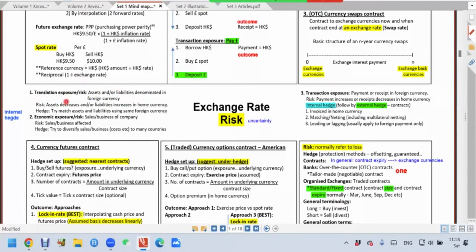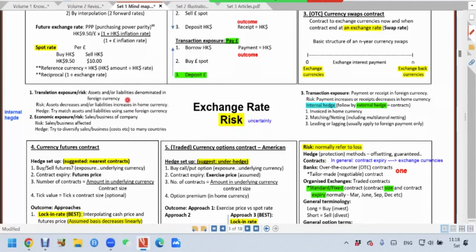So imagine that the Vietnam company, you have asset in London. So that asset will be denominated in terms of the pound, foreign currency. For example, 10 million pound.